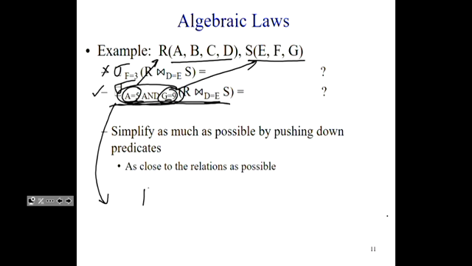So what I can do then is rewrite this by having the A is equal to 5 predicate be applied to R, and then the G is equal to 9 predicate be applied to S, right?